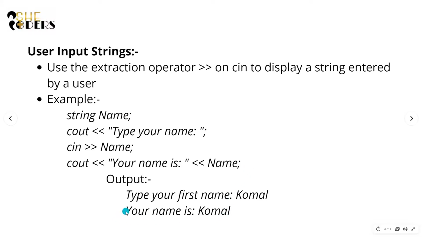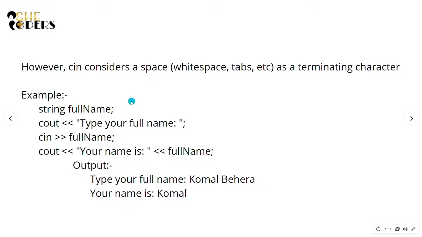Next, one important thing is that cin, that is the object here, considers a space, like a normal blank space, a white space, or tabs, or enter, as the terminating character. For example, if I ask here for the full name, she enters Komal Behra, and you can see between Komal and Behra there is a blank space.